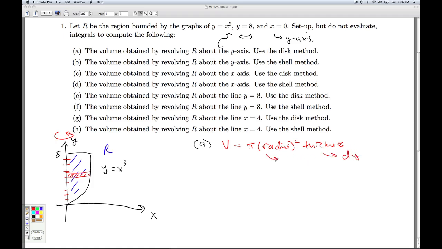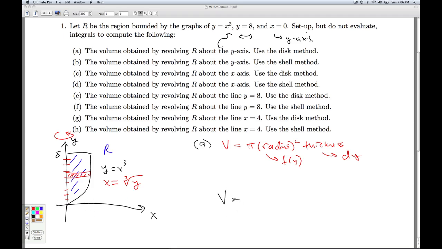The radius then is some function of y. If y equals x cubed, I need to know for a fixed y how far I go out. In other words, for a fixed y, what's the x coordinate? So I just solve this for x. x equals cube root y.